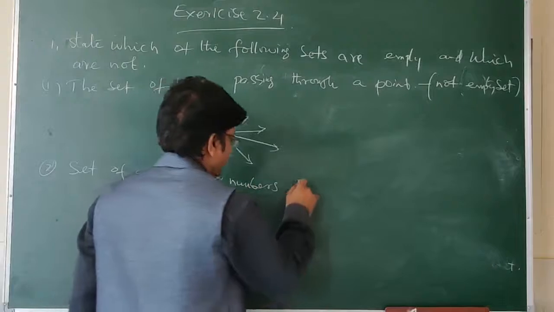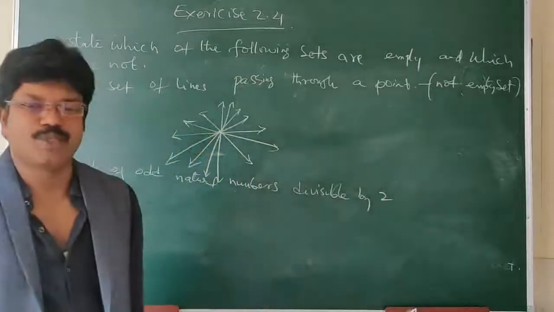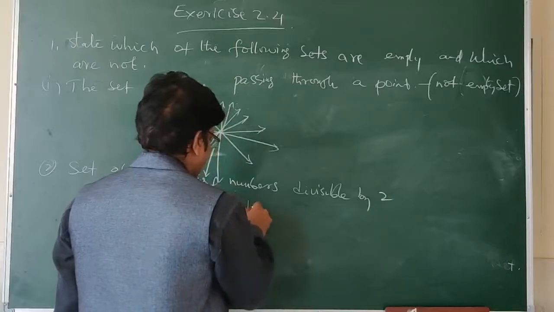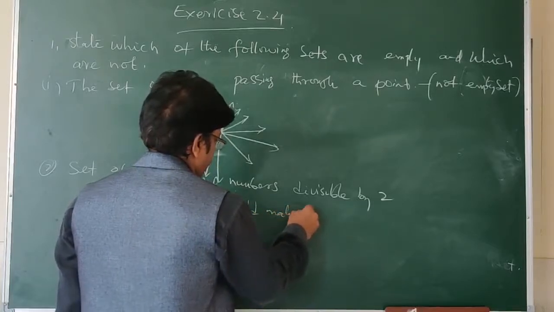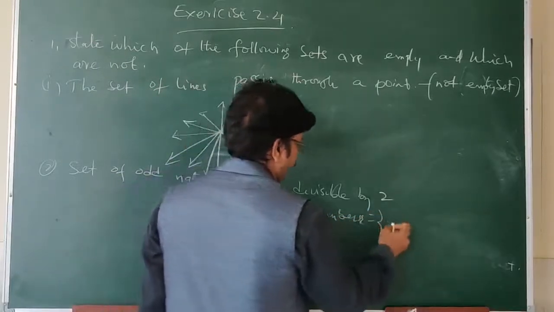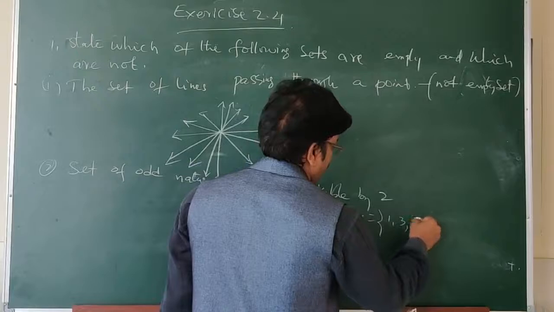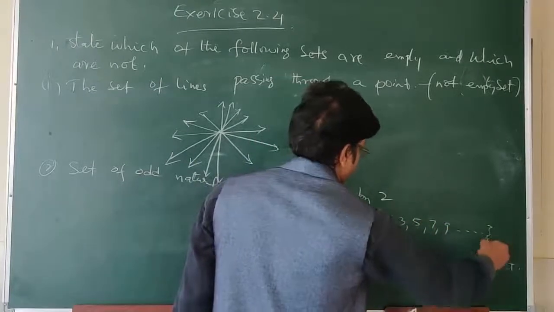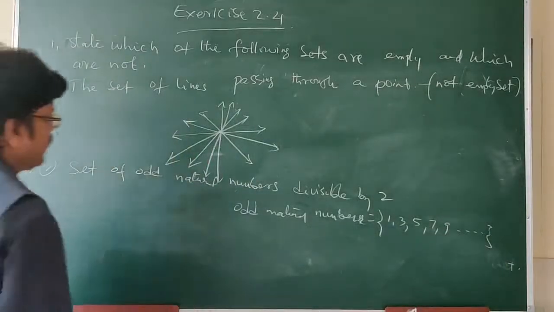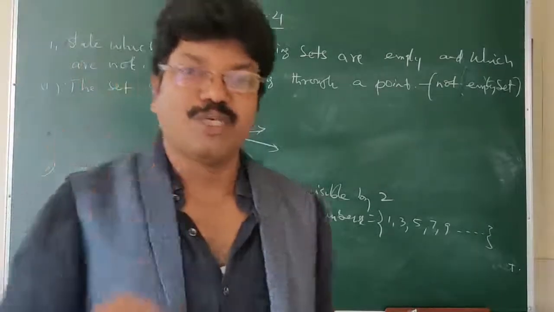What are odd natural numbers actually? 1, 3, 5, 7, 9, etc. Divisible by 2 means the remainder is 0.